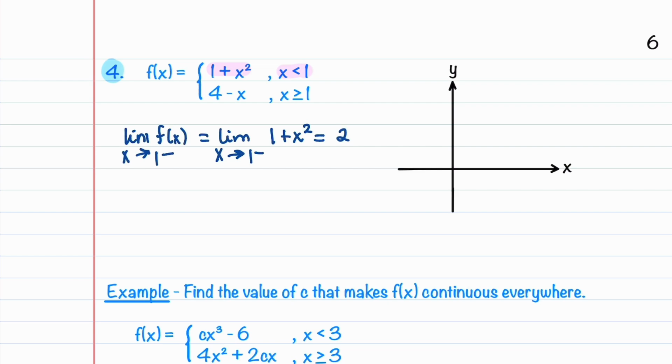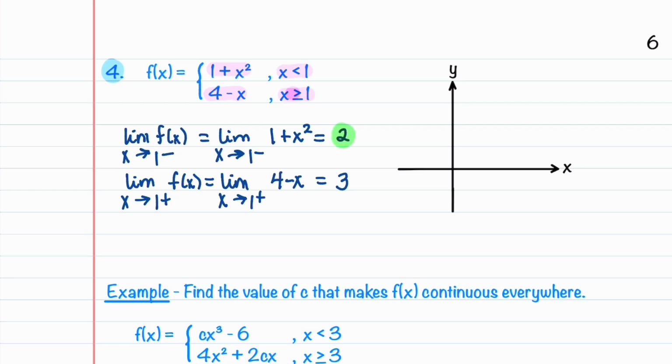Now let's look at our right-hand limit. The limit as x approaches 1 from the right of f of x is the limit as x approaches 1 from the right of 4 minus x. Now we're grabbing this piece, plugging in x is 1, and we end up with 3.